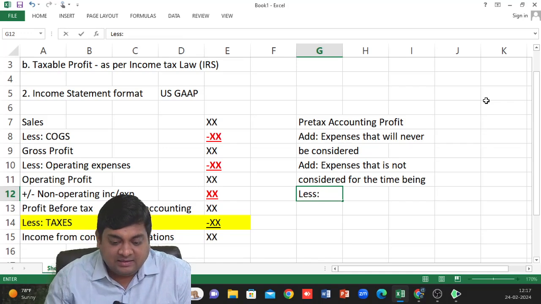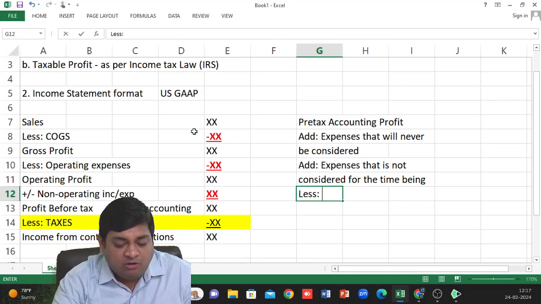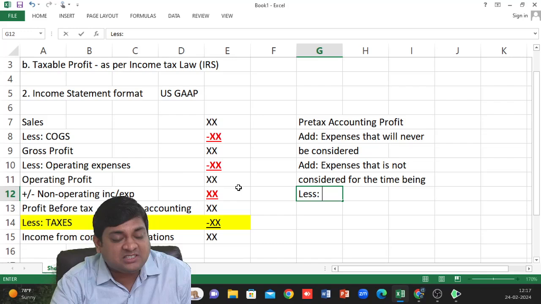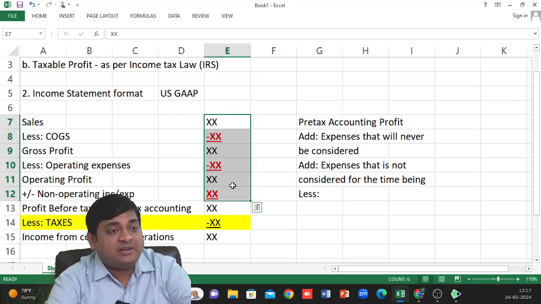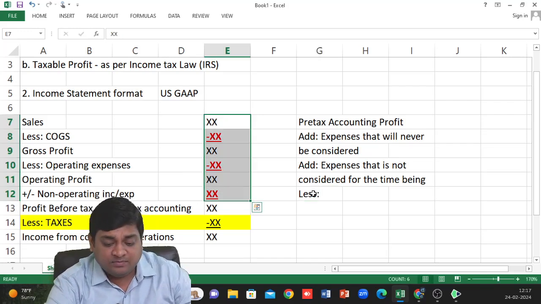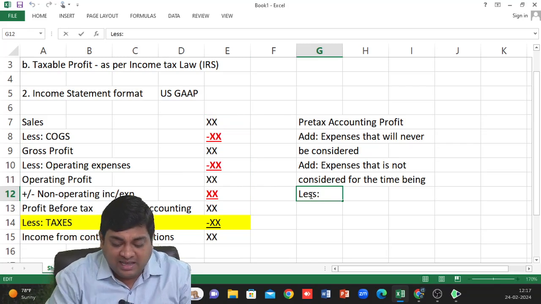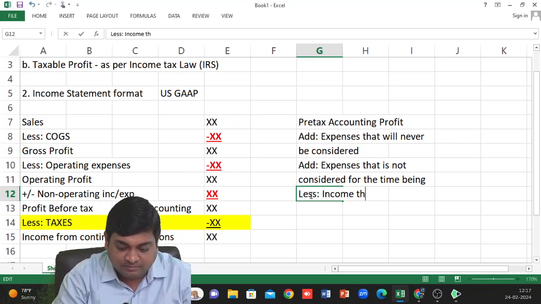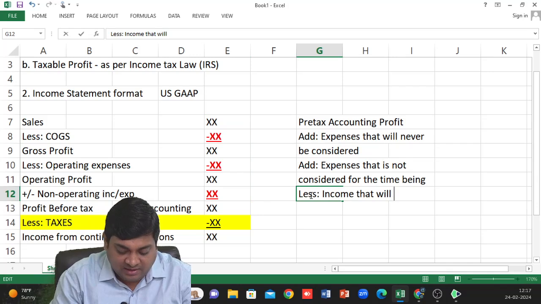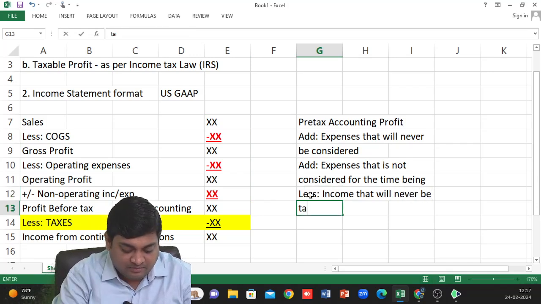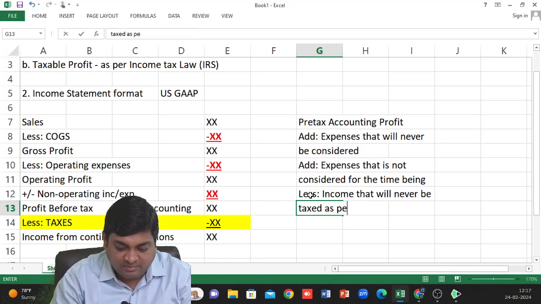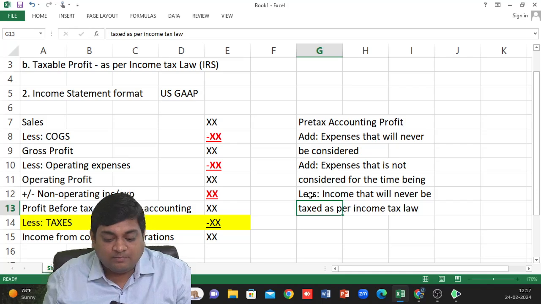Less. Now in this pre-tax accounting profit, there are some incomes which are considered, but are exempted. They will never be taxed. So what am I going to do? Less income that will never be taxed as per income tax law.